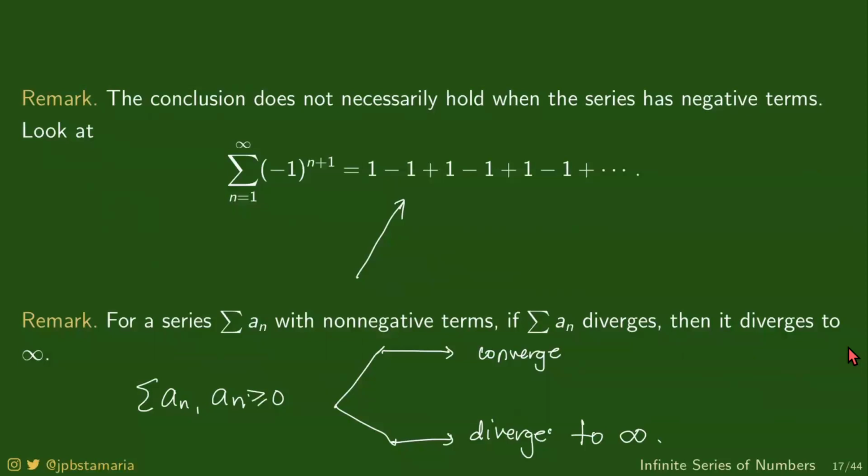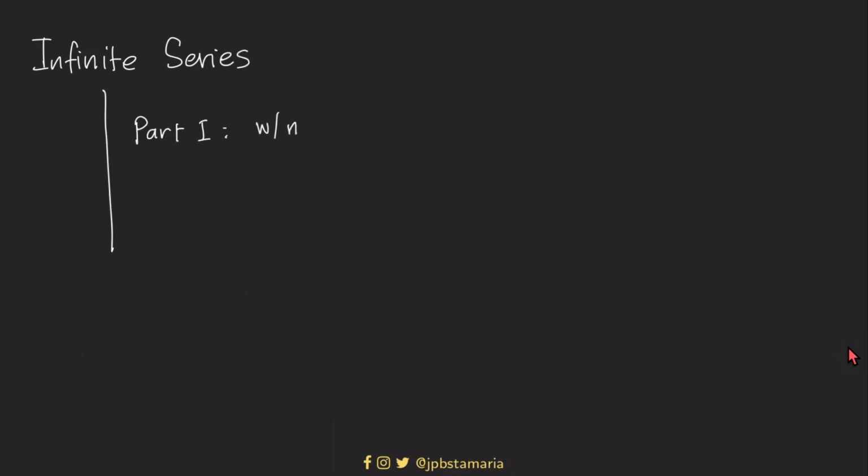Kaya nga, sa ating susunod na gagawin, yung pag-aaral natin ng infinite series, hahatiin natin to sa dalawang part. Part 1, if your infinite series has non-negative terms. Kasi ito yung masayang part. Medyo madaling i-analyze yung mga series with non-negative terms.